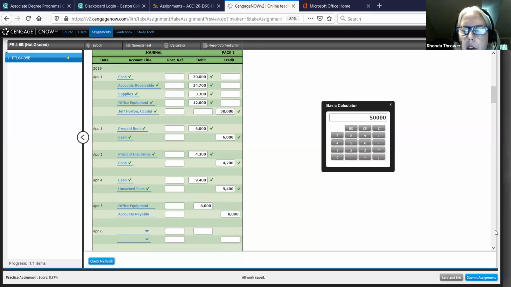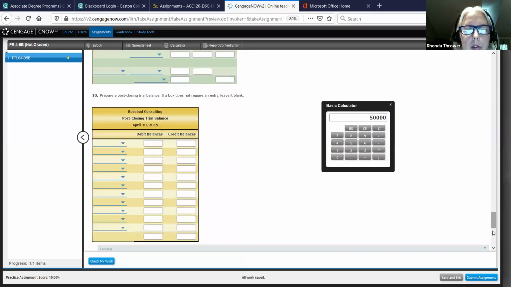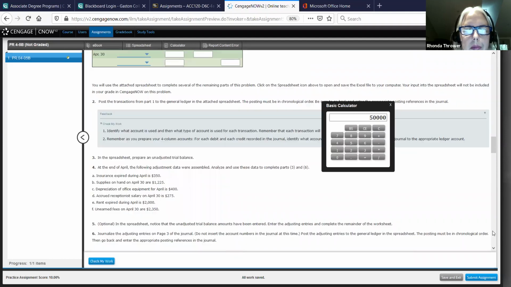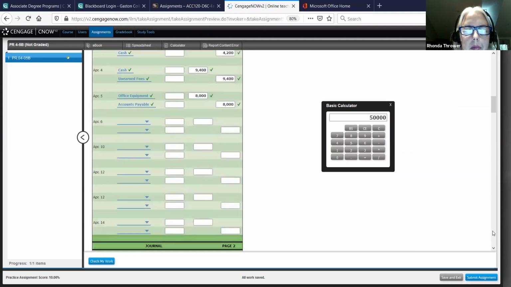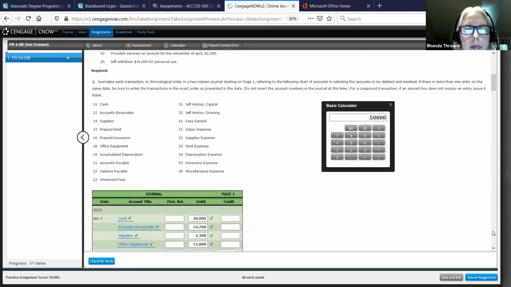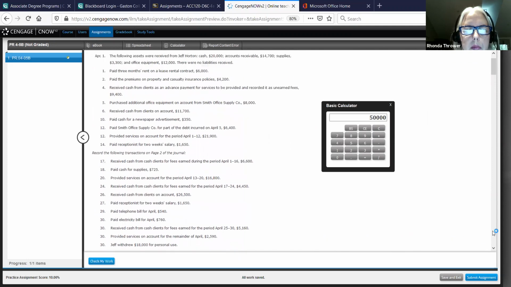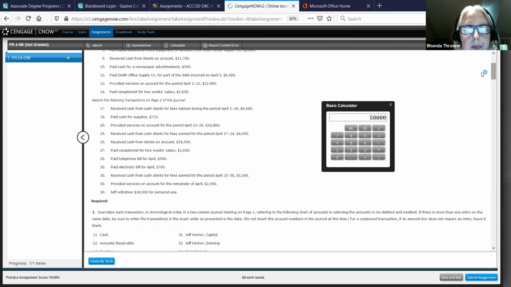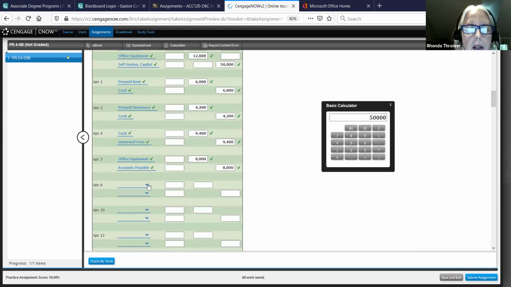And so we're ready to do the next transaction, which is the April the 6th transaction. On April the 6th, we received cash from our clients on account at $11,700. Anytime you receive cash, your cash is increasing.